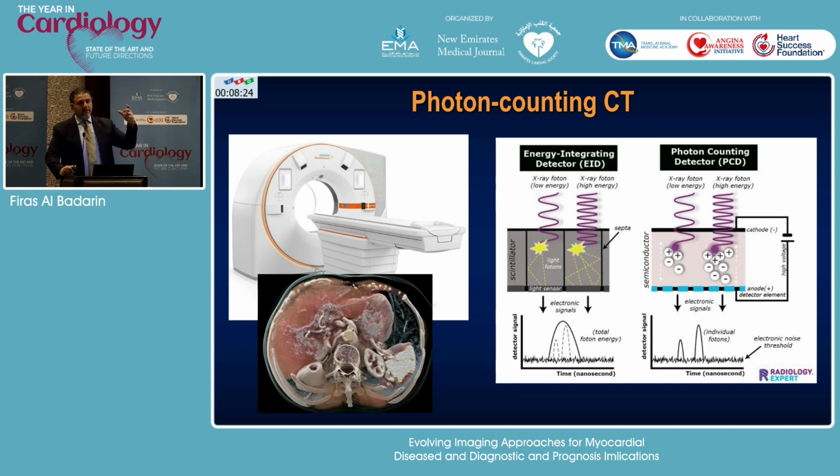To simplify it, with the old detectors, for a long time we used to convert photons to light, light to energy, and this is the energy that the computer translates into pixels. Now with the availability of semiconductors, we are capable of counting photons right away. So you remove one step, makes it more efficient, makes it more sensitive, and the image that you see at the left bottom side of the screen is the type of image that you get.